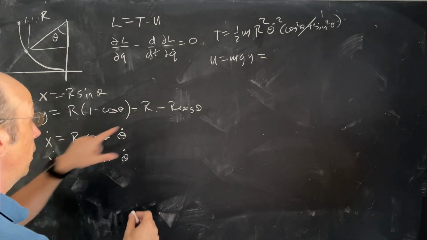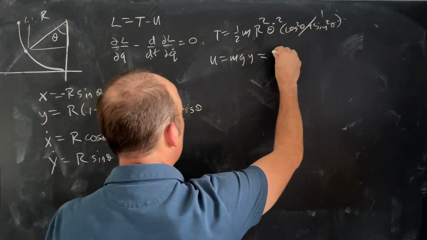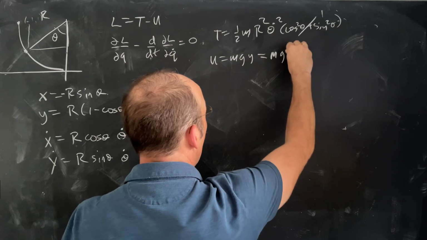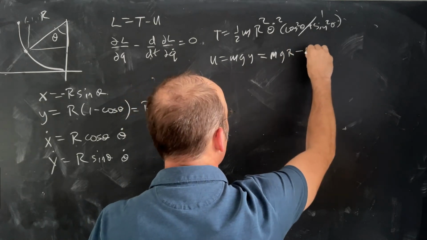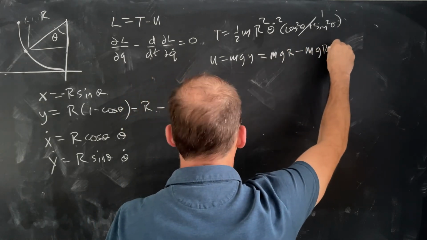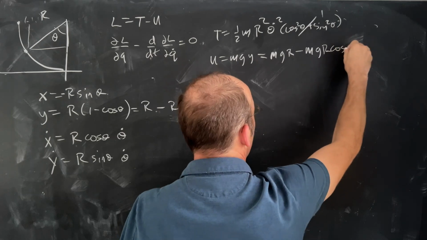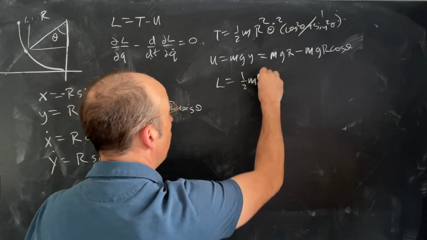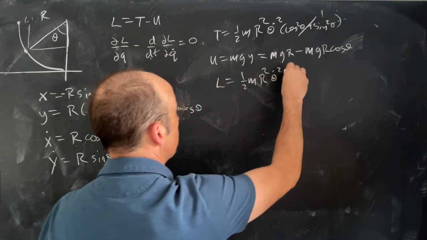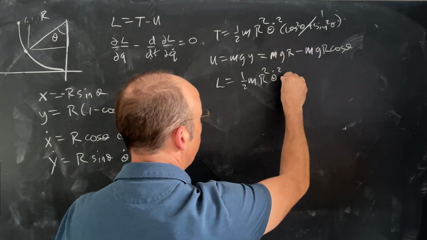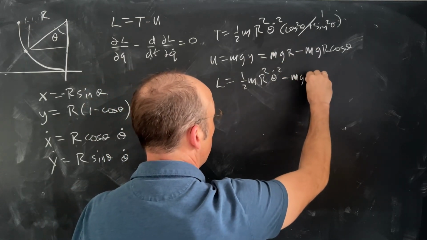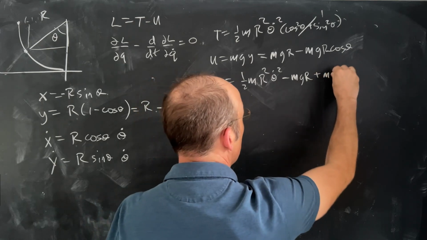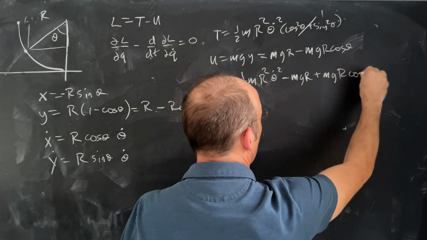No, that's my y. Let's write it like that. So this is going to be mgr minus mgr cosine theta. So my Lagrangian is 1/2 m r squared theta dot squared minus this stuff. So it's going to be minus mgr plus mgr cosine theta.